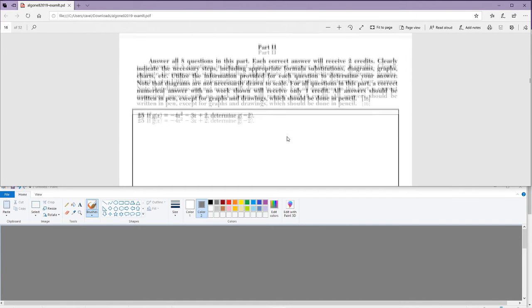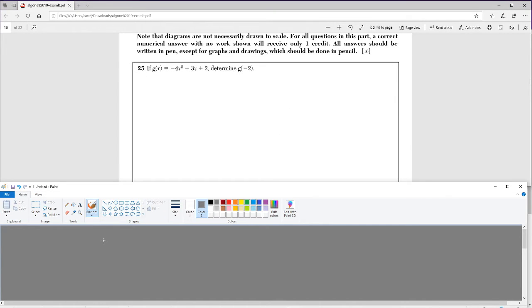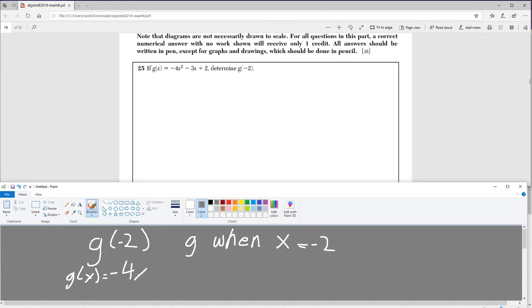Alright, so 25, it says if g of x is equal to negative 4x squared minus 3x plus 2, determine g of negative 2. So remember, g of negative 2 means what is g when x is equal to negative 2. So our function is g of x is equal to negative 4x squared minus 3x plus 2.